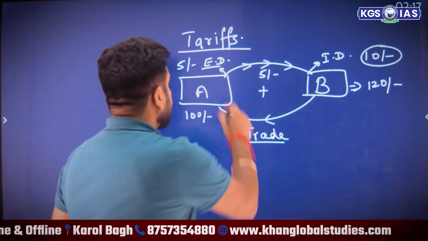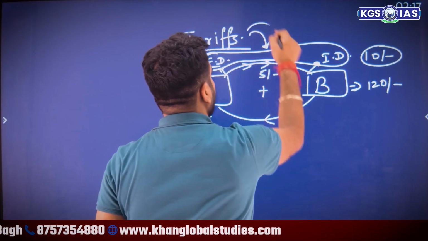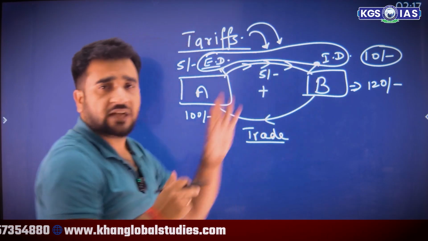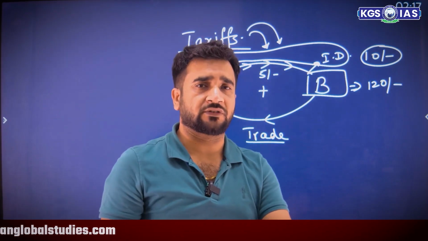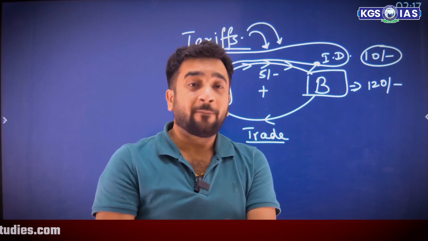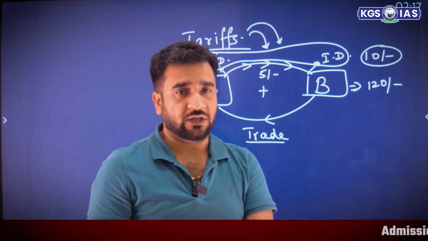Now, tariffs is a collective term used for export duty and import duty. Largely, it is considered as import duty because export duties generally are not levied by the countries because they want to promote exports. But technically speaking, tariffs includes export duty plus import duties.